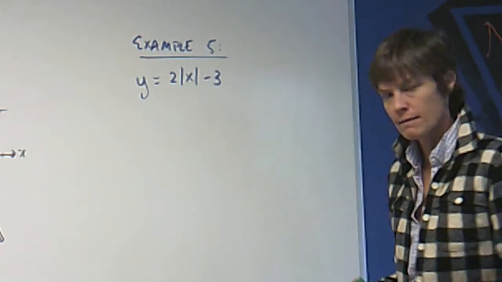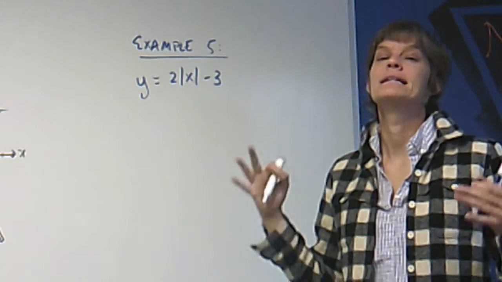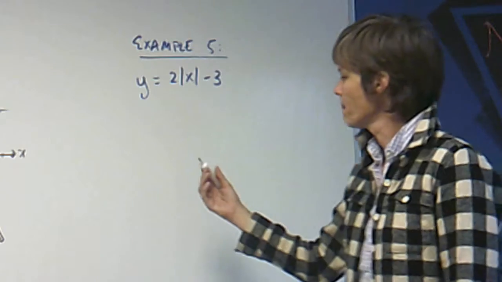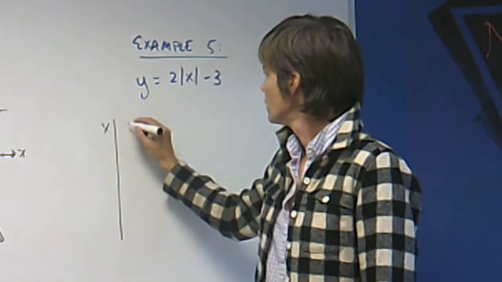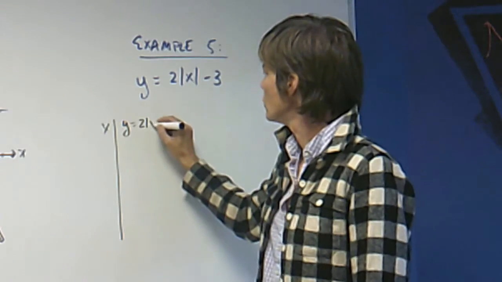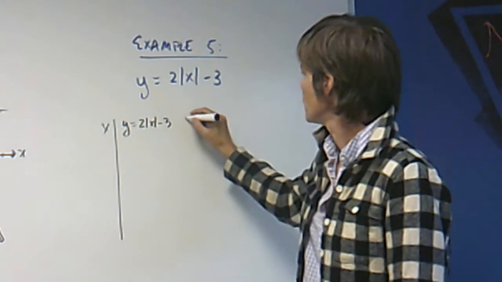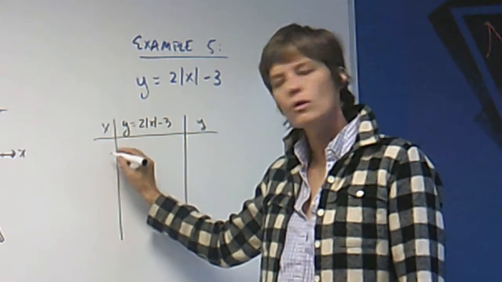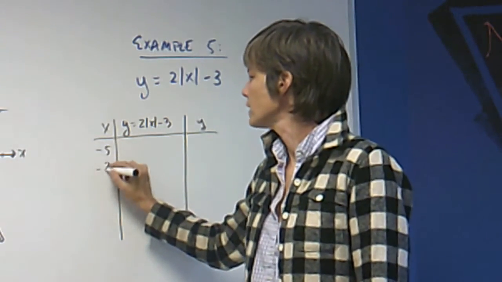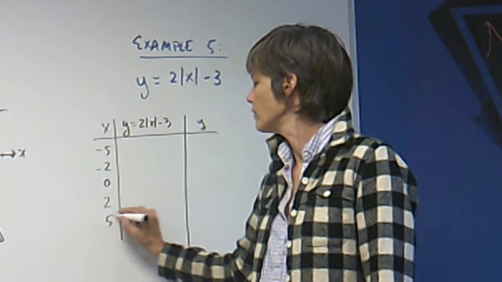So let's see, yeah? Let's use the exact same values. X, y equals the absolute value of 2x minus 3, and y. So what are the things we chose? Negative 5, negative 2, 0, 2, 5.